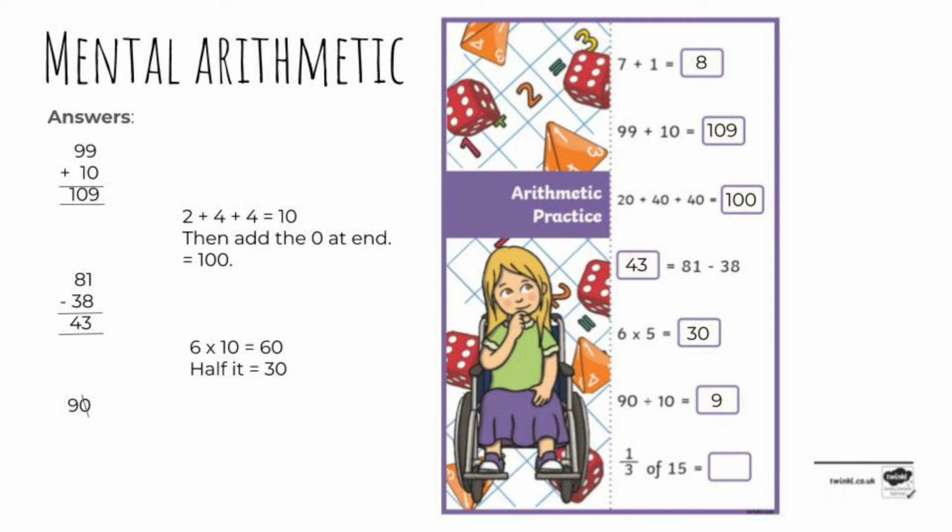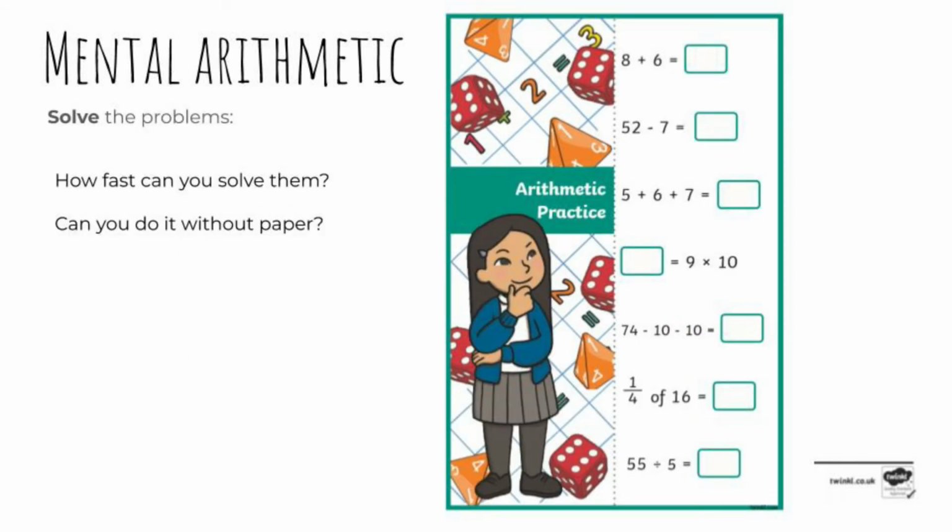A third of 15 is the same as saying 15 divided by 3. That means a third of 15 equals 5. Well done! Let's do some more.